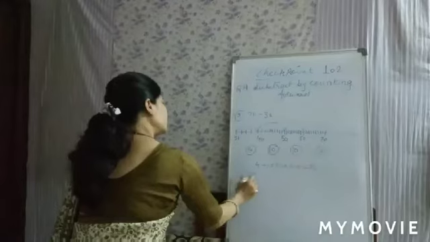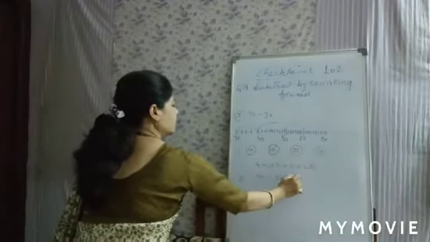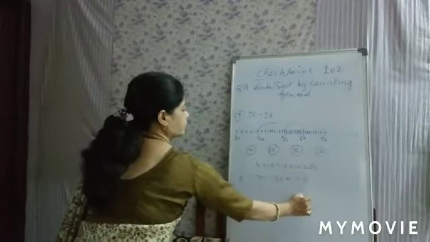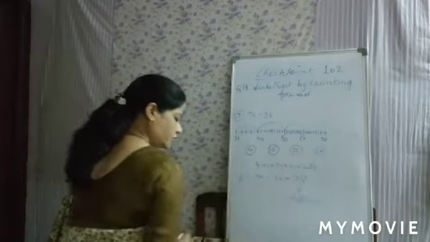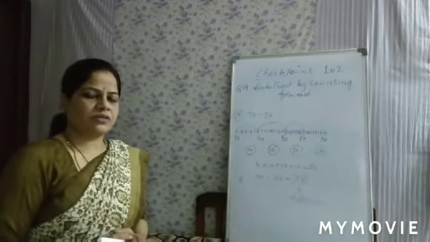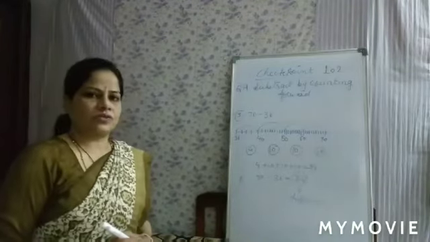Means if you subtract 36 from 70, you will get 34. This is the difference. So this way you can subtract two numbers, and this method is called subtract by counting forward.